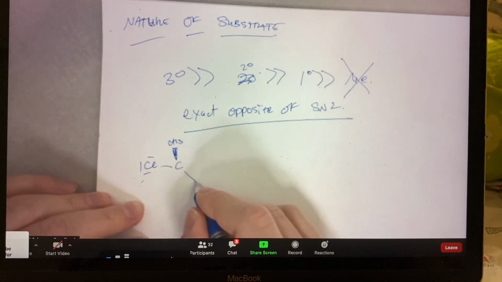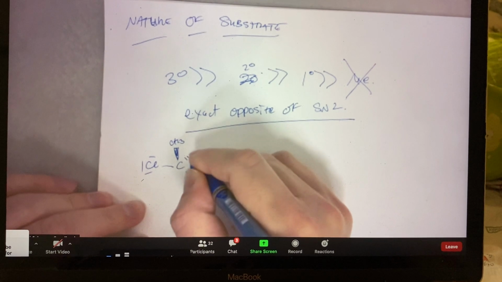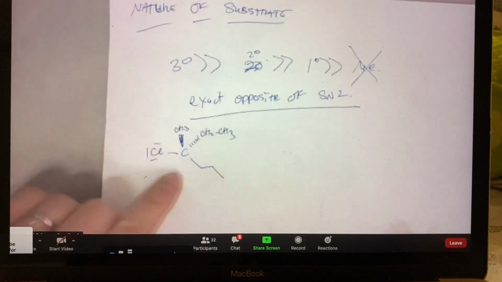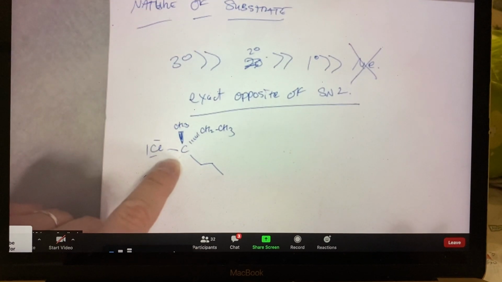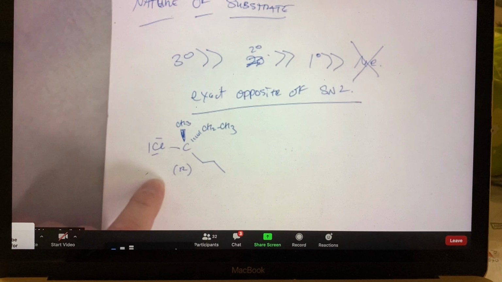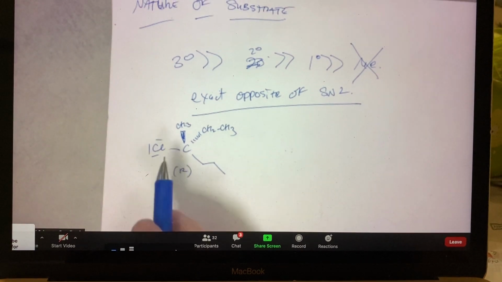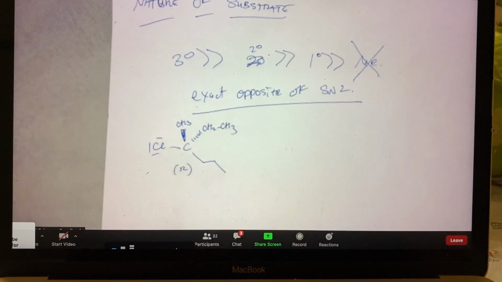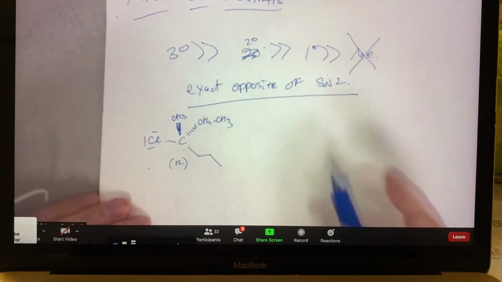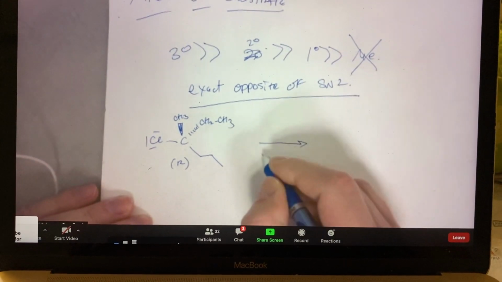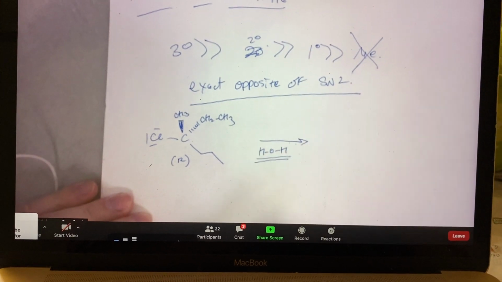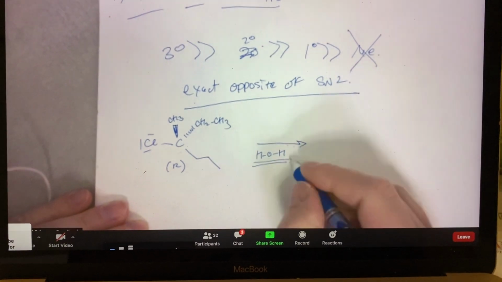Let's take this tetrasubstituted carbon here. It's chiral. Chirality at this particular center is R, and we have a methyl group, an ethyl group, a propyl group, and chlorine attached to it, so we could easily calculate the stereochemistry here. And typical reaction, again, when we do an SN1 reaction, we're going to see time and time again, we're going to have something written like this.